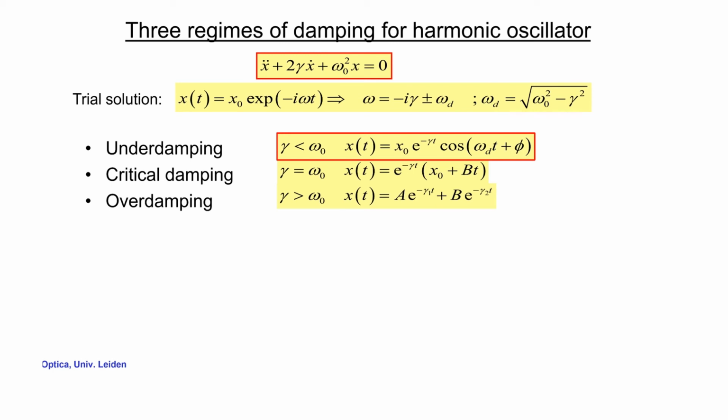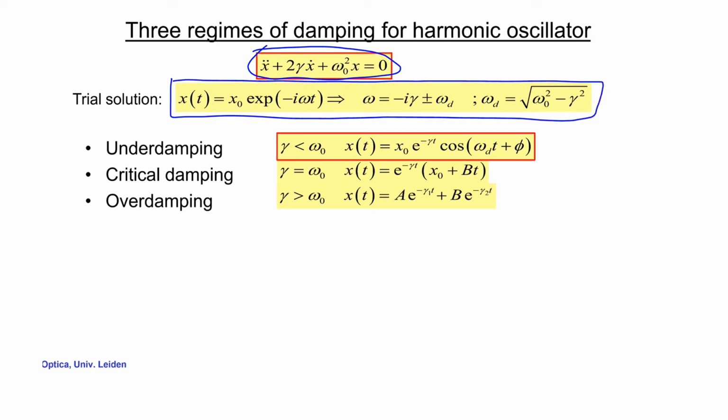So for the general solution of the damped harmonic oscillator, we found an expression of this form with a phasor, a term exponent minus i omega t, where the frequency of the damped harmonic oscillator is complex and of this form. Now if you wonder what that means in real life, then you can distinguish three regimes. The first one, the most common, is the regime where the damping rate is smaller than the eigenfrequency of the undamped harmonic system.